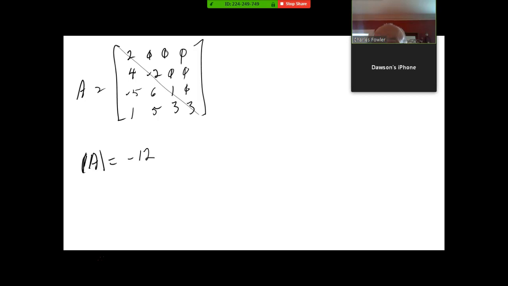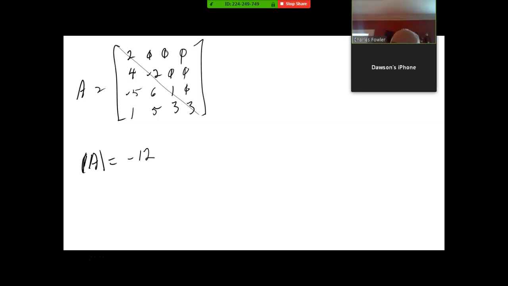You just multiply the diagonal entries together. Main diagonal, -4 times 3 is -12. Where's the main diagonal?